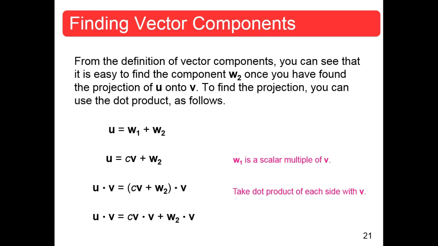V dot V is, anyone remember? Magnitude of V squared, and then C times that. We may not use that yet, but that is another fact. So this would be CV dot V plus W2 dot V. So that's exactly what we get here, using the properties we talked about last time.